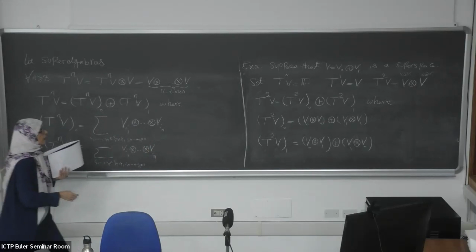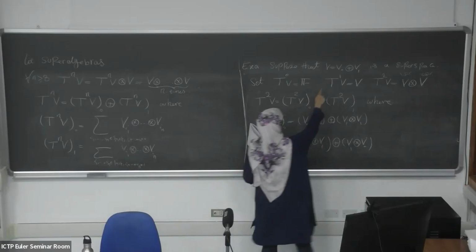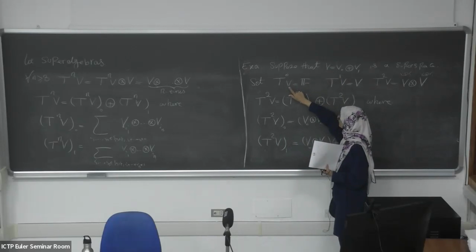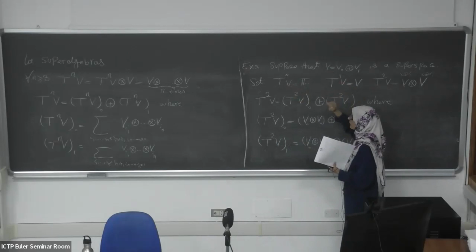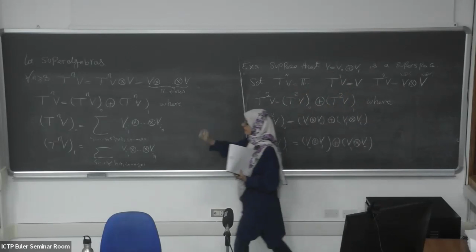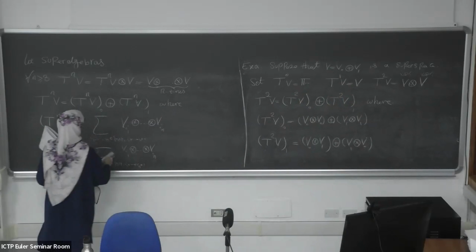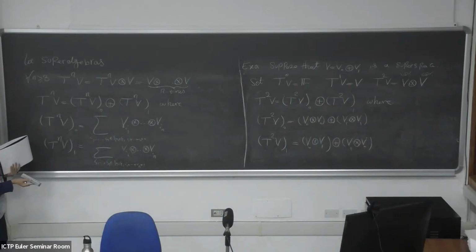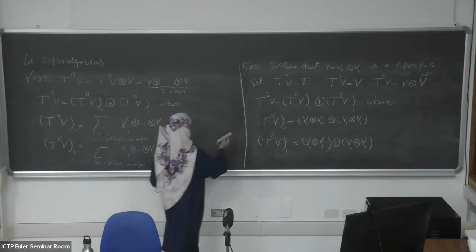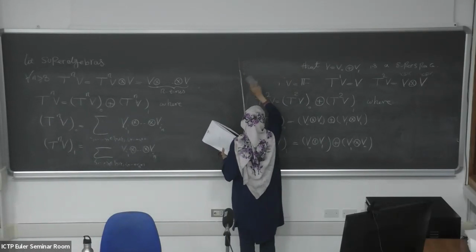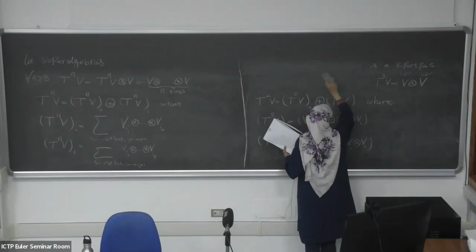So when we have a superspace, we have T^0 V, which is just the field, T^1 V, which is V, and T^n V, in the way that I told you, is a tensor product of V with itself n times, and it is again a superspace.